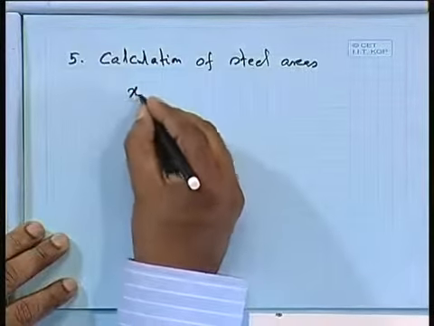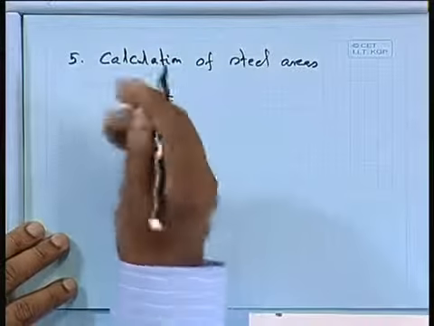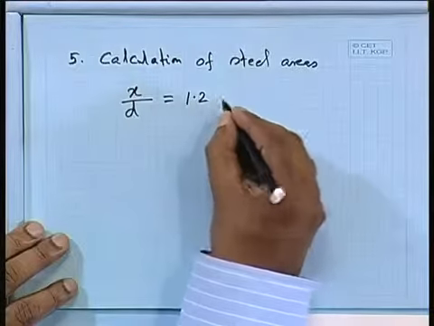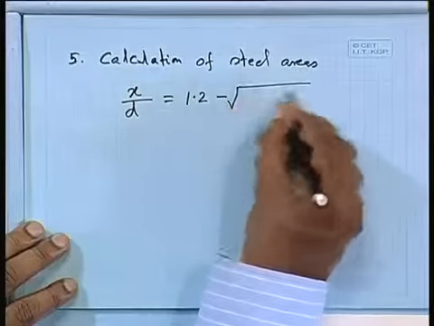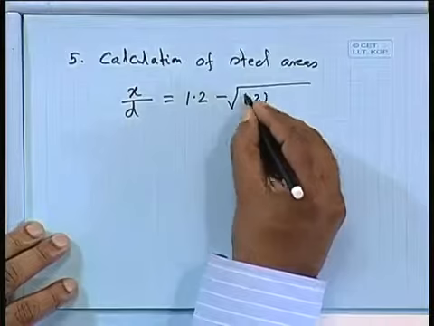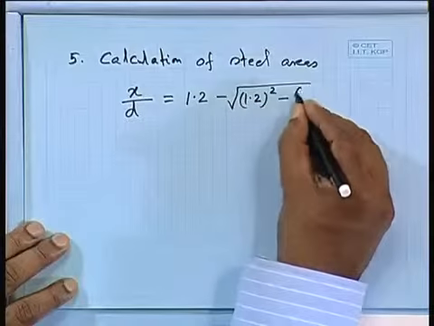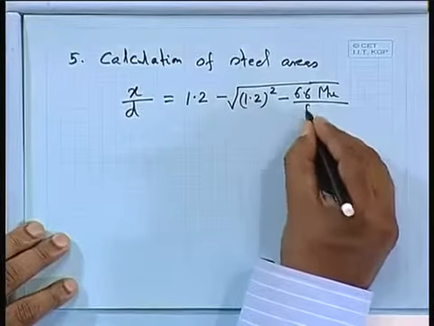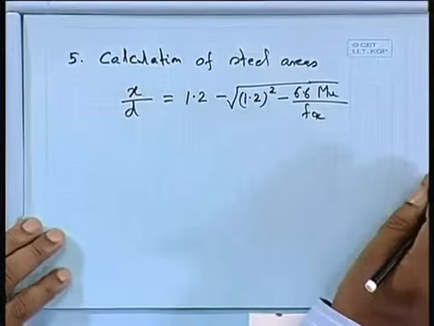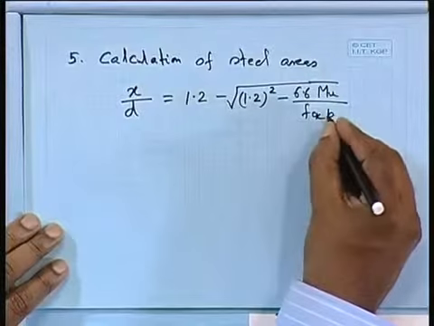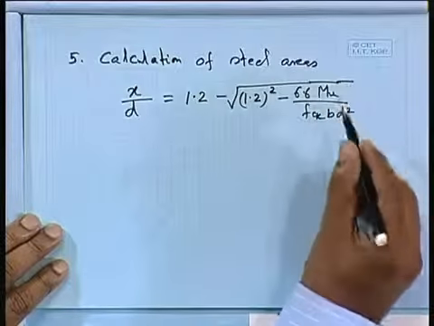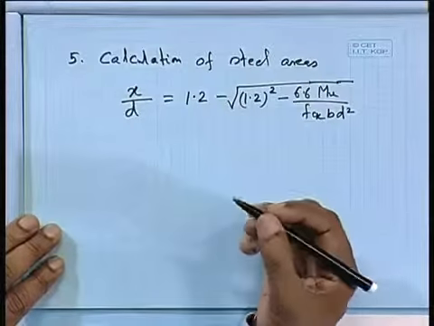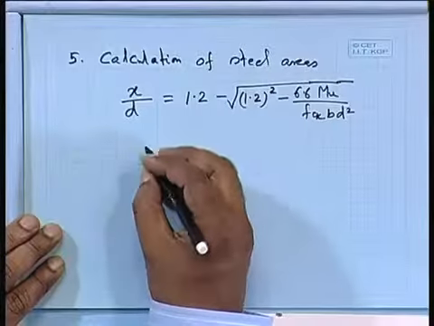Directly we can calculate this, or we can go from the Mu formula, or we can directly remember this formula: 1.2 minus root over 1.2 whole square minus 6.6 Mu by fck b d square. This formula we can directly use if you can remember it; otherwise you can start from first principles using the same formula.